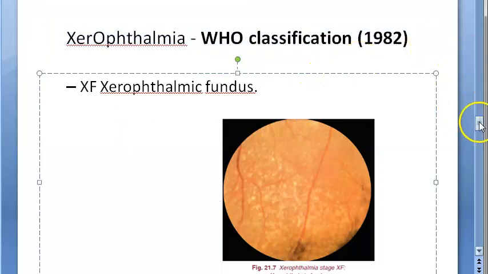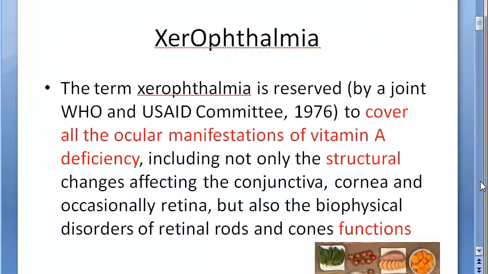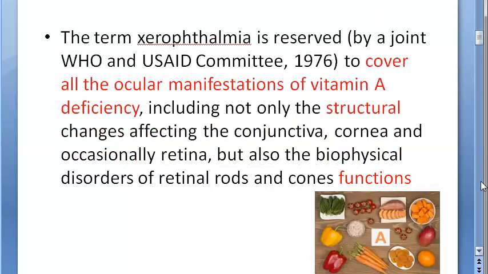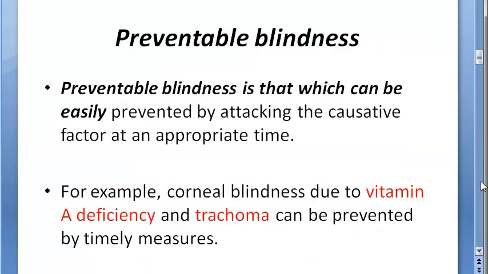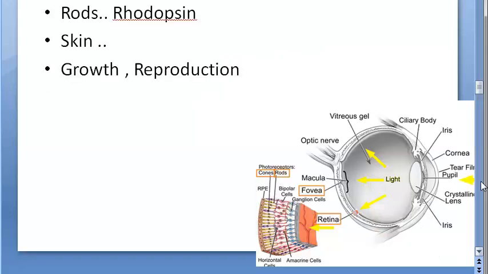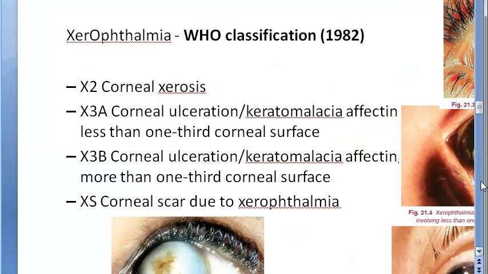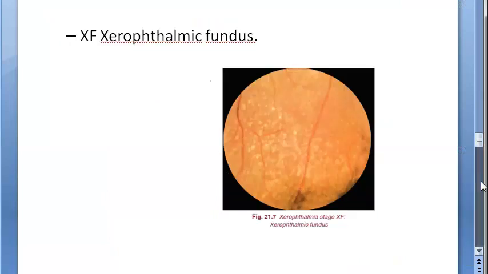Good. So what else is left, guys? So far we saw the terminology, the definition, the etiology. We saw it as a preventable blindness, vitamin A, rhodopsin, skin growth, reproduction. We saw conjunctival problems, corneal problems, fundus issues.